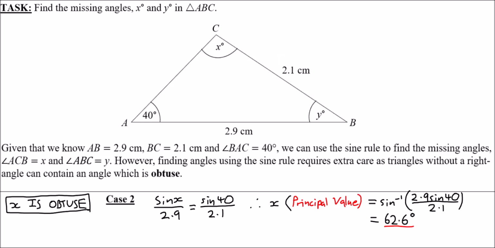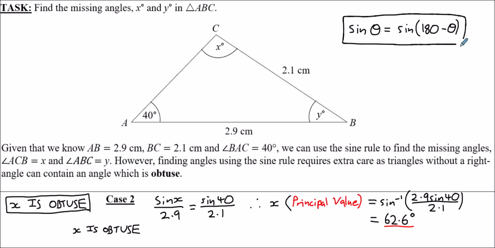However, we're going with the idea that x is obtuse. So just remember the relation that sine theta is the same as sine of 180 minus theta. So what other value of x would have given us a sine of x which is equal to this?